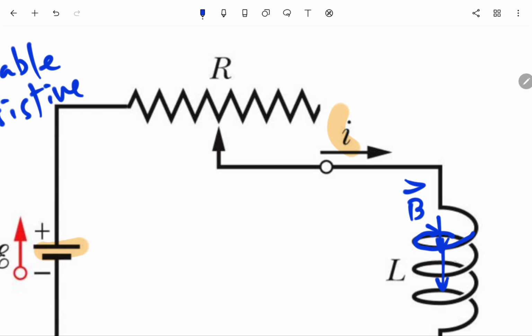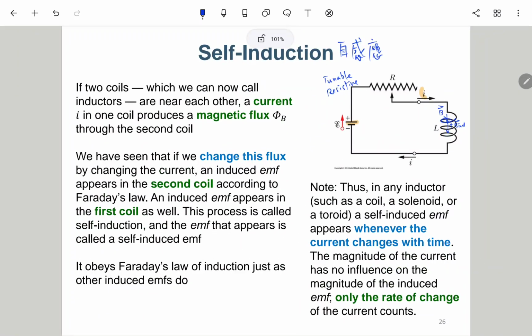It will generate a B induced for the second coil pointing upward, to offset this change. This is called self-induction. Looking at the inductor as a whole, each turn generates a B field, which the other turn sees as increasing flux, so it generates an opposing field to resist the change.